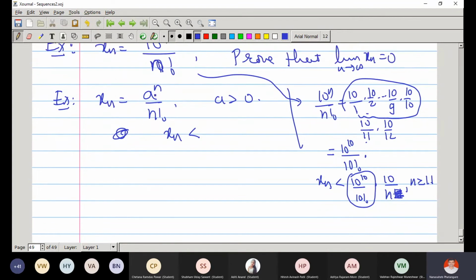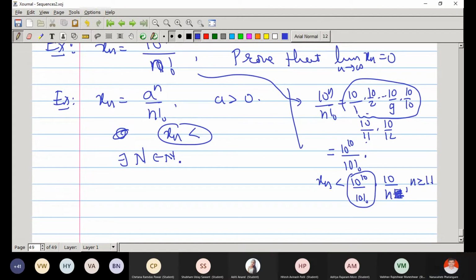And therefore, if you have a general a, then what is the general proof? xn would be less than a raised to a upon a factorial into a by n. Okay, then you have to look at what the integer is. So there exists some n.